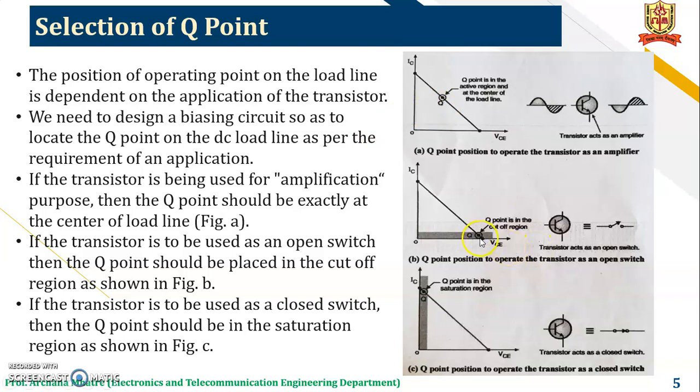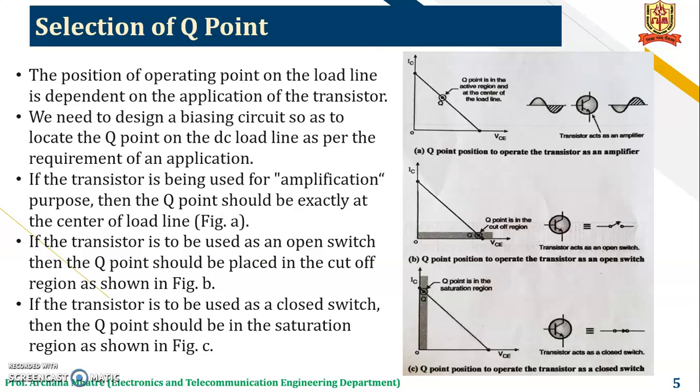When the Q point is in the cutoff region, then the transistor will act as an open switch, and when the Q point is in the saturation region, the transistor will act as a closed switch. The position of the operating point on the load line is dependent on the application of a transistor. We need to design a biasing circuit so as to locate the Q point on the DC load line as per the requirement of an application.